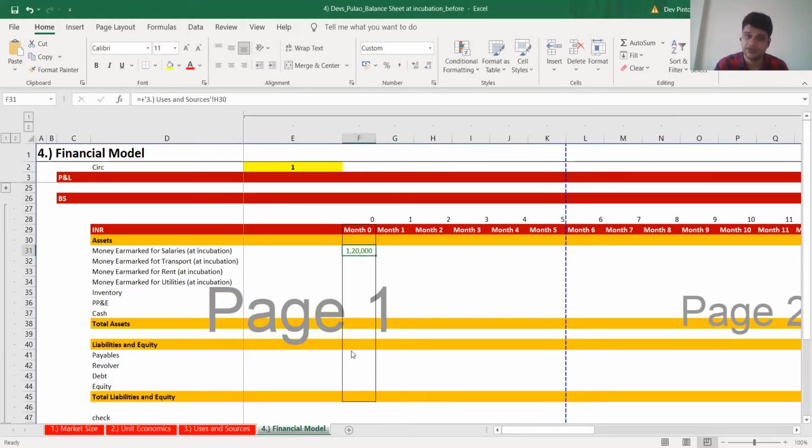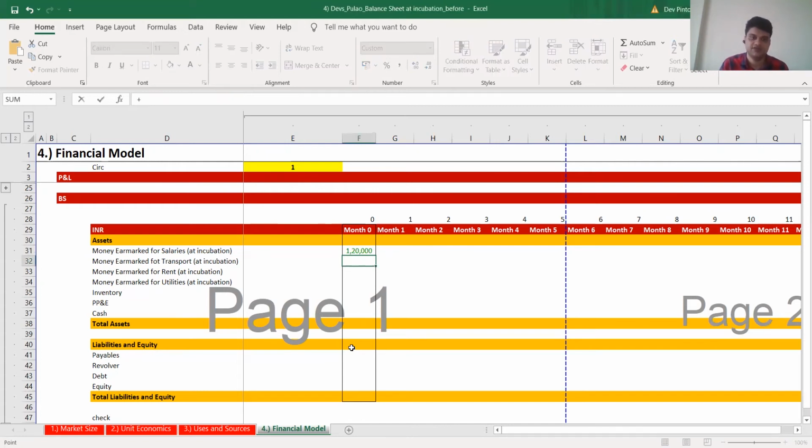Now, again, remember, we have not paid these employees this 1.2 lakh in salaries. We're just keeping it in the bank. This is almost like a cash item, restricted cash item. We're keeping it in the bank just in case our business doesn't generate enough cash and we can't pay our employees. So this was money earmarked for salaries, same logic with money earmarked for transport.